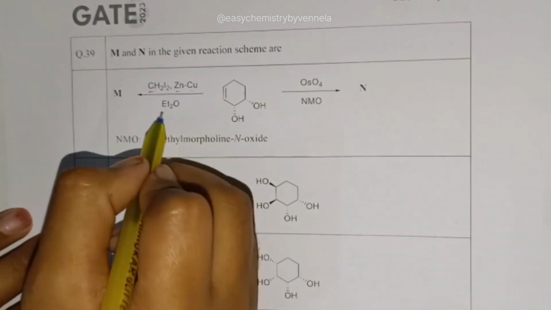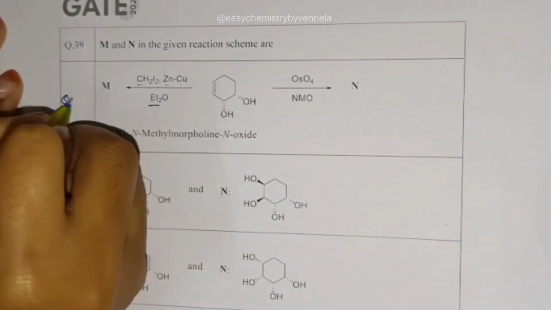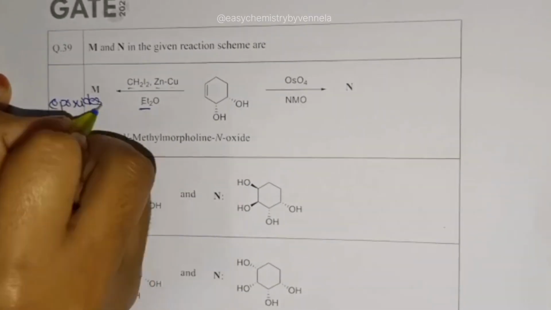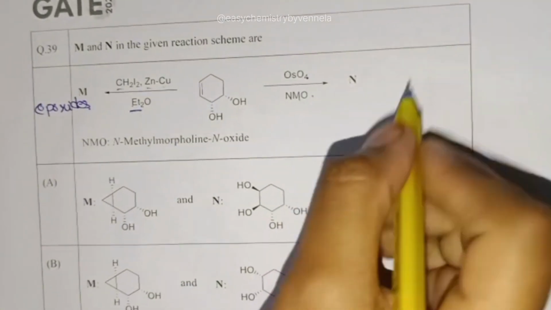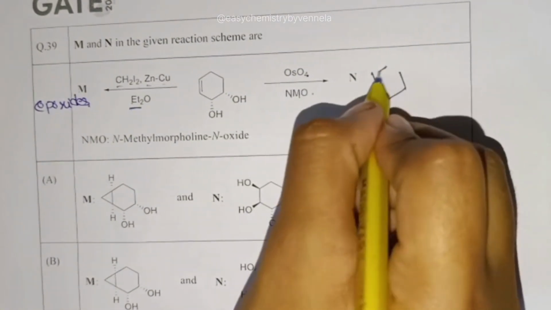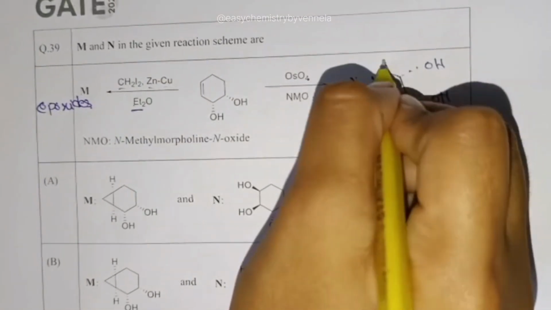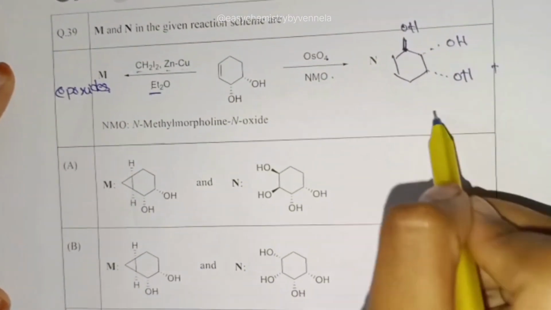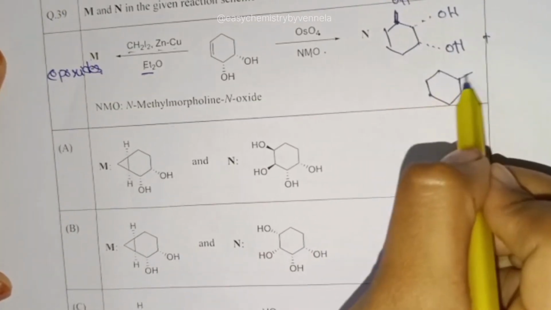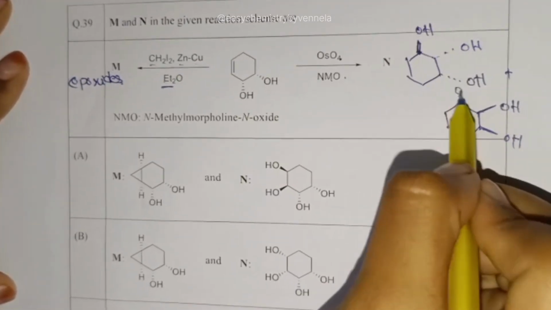So here, if you find this type of question, you can easily answer. CH2I2 with zinc copper: here epoxides will form. Osmium tetroxide and NMO: you can find the product like this, plus OH.